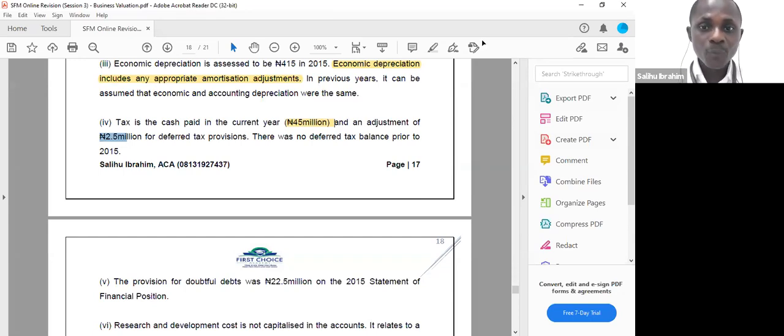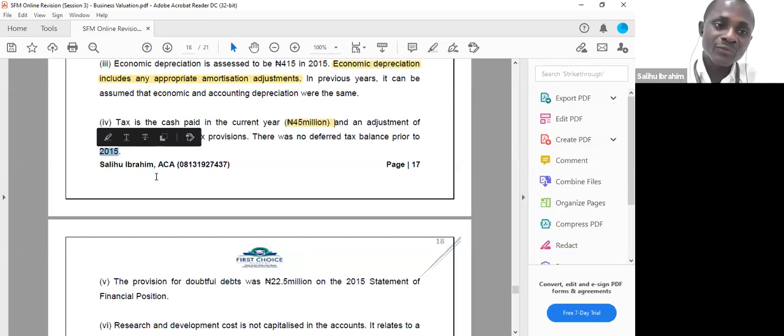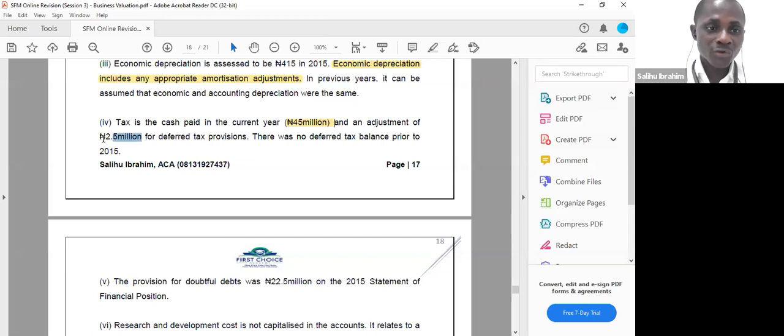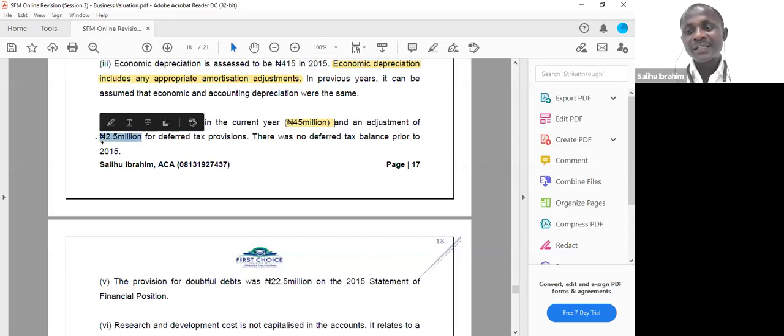So what will I do? Increase in deferred tax should be added, right? Prior to 2015, there was no deferred tax in the book, but now in 2015, we have deferred tax of 2.5. So deferred tax has increased from 0 to 2.5. I will add that 2.5 to 45 million.